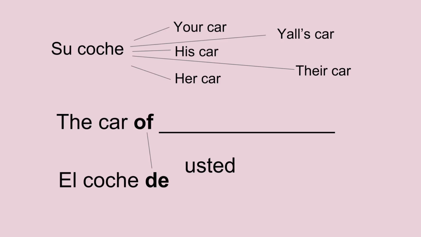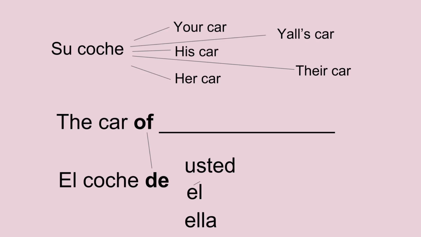Now I know su coche meant your car. El coche de usted can only mean your car. El coche de él can only mean his car. El coche de ella can only mean her car.